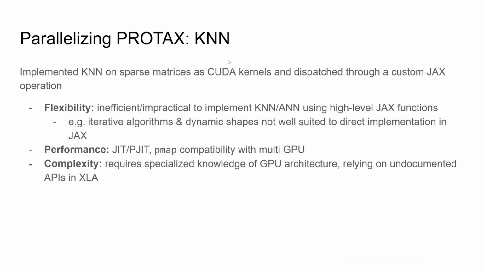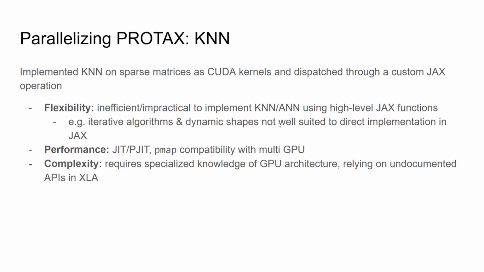Additionally, we also implemented k-nearest neighbors on sparse matrices as a custom CUDA kernel and dispatched it through a custom JAX operation. The reason for this is that it's inefficient and impractical to implement k-nearest neighbors using high-level JAX functions, because iterative algorithms and dynamic shapes aren't well suited for direct implementation in JAX.